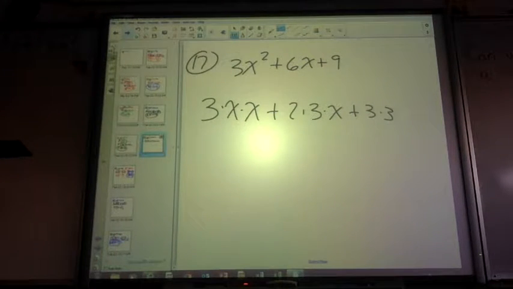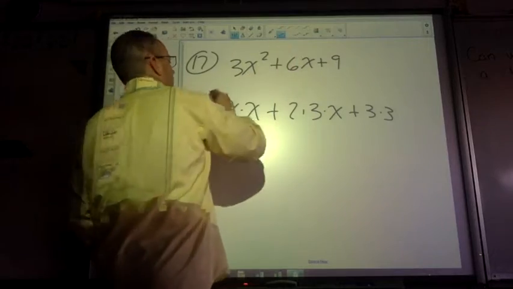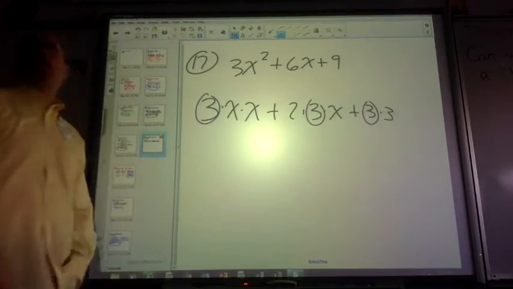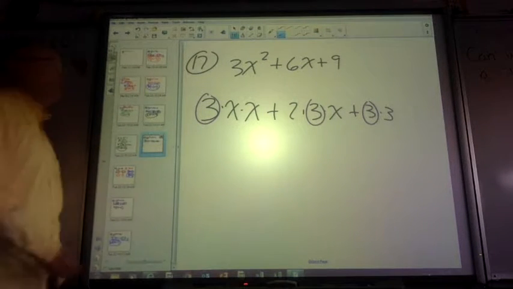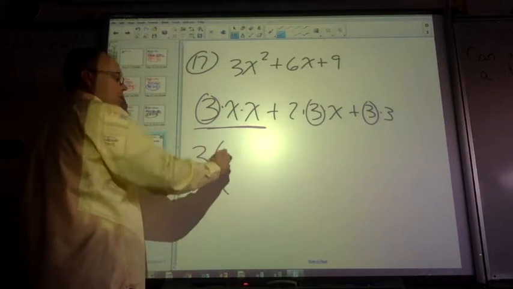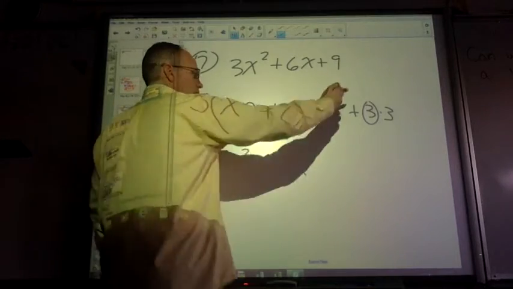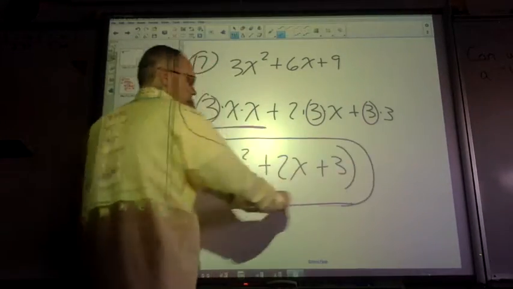What do I have in common between those 3 terms? 3 here, here, and here. Do I have an x in common on all 3 of those terms? No. Last term doesn't have an x, so I'm going to pull a 3 out. What do I have left here? X squared plus 2x plus 3. I just undistributed the 3 to all 3 terms.